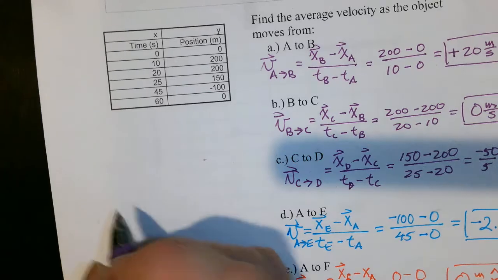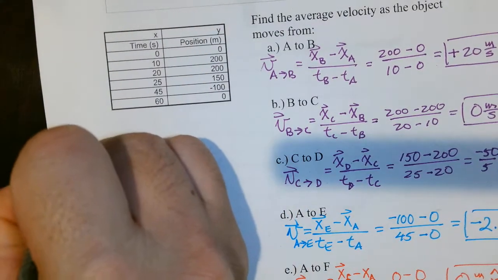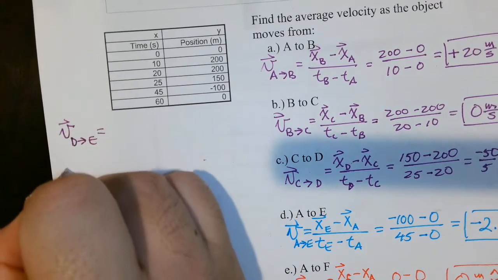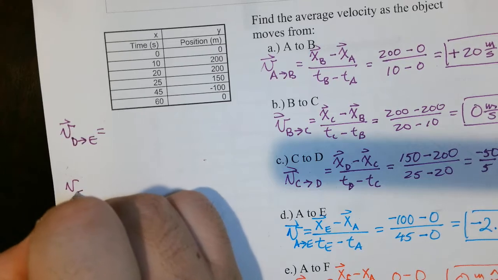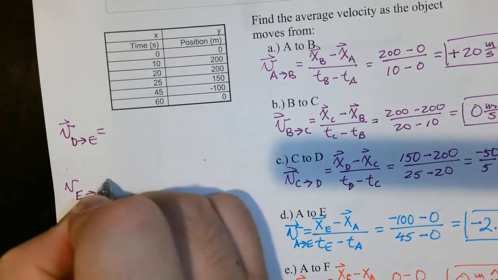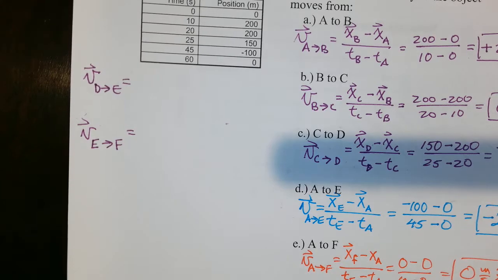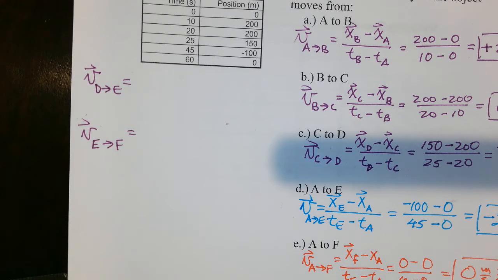Let's just find the rest of these. Let's do the velocity from D to E, and then let's find the velocity from E to F, because we're going to need it later. Find these two. I'll give you a minute. All right.